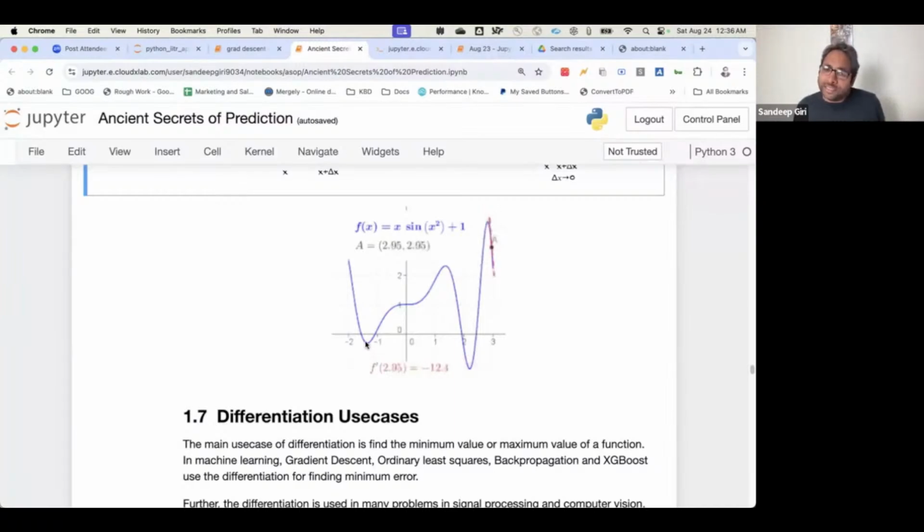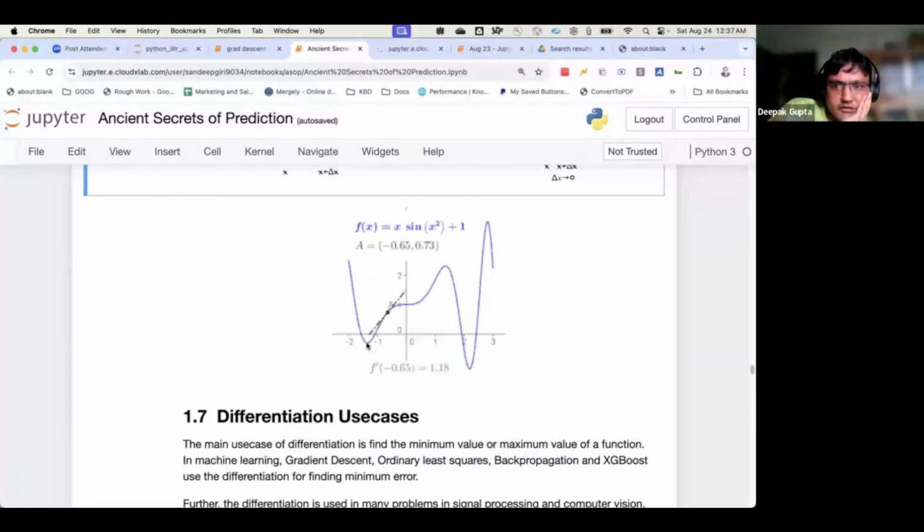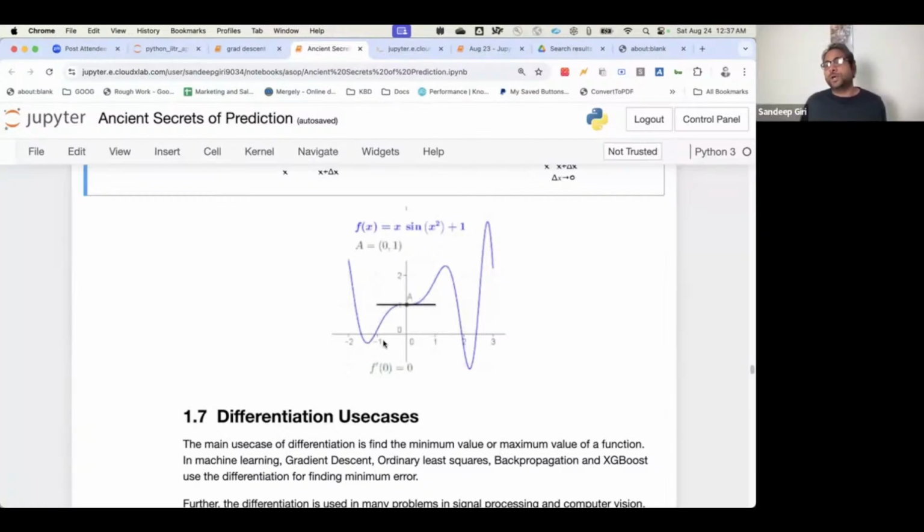So change of slope is negative or positive at the bottom? Positive. Yes. So the rate of change of slope, called the second derivative, is positive at the lower end, and the rate of change is negative at the top, right?